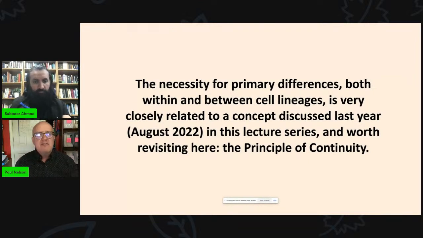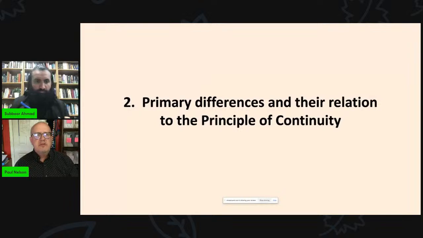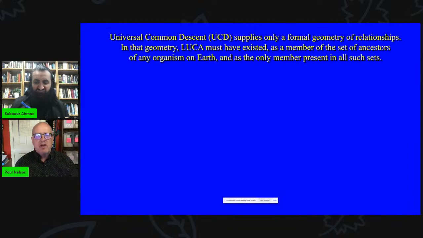But because the concept is related, this notion of continuity is related to what I'm saying today, I wanted to revisit it. So how do primary differences, as I've just sketched them, relate to this notion of the principle of continuity? I'll give the view as it connects to universal common descent, because that's another aspect of what we're talking about today.